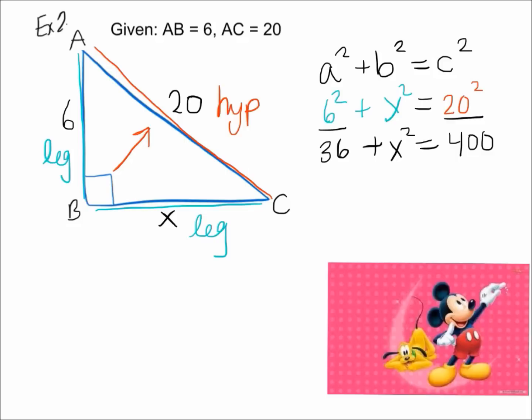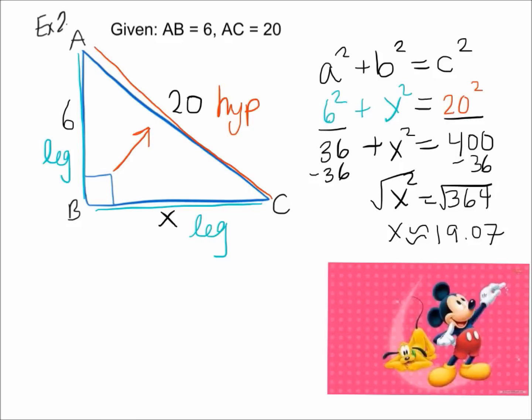In order to eliminate it, I'm going to subtract 36 from both sides, which gives me x squared equaling 364. They're squaring, so I square root. In my calculator, I can approximate that the square root of 364 is about 19 and 7/100ths.